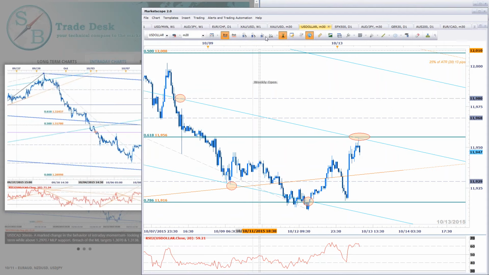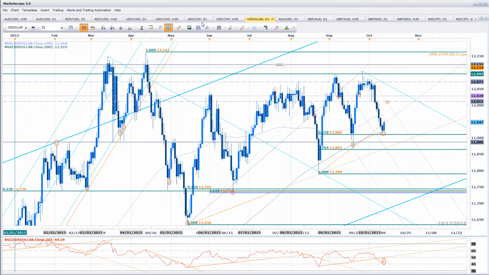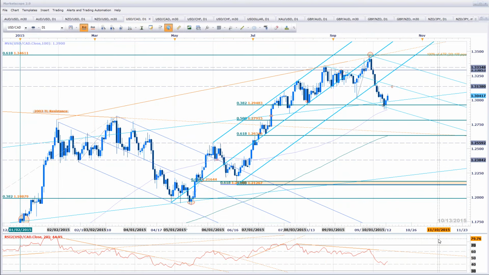Here's what dollar CAD looks like first on the daily. Okay, and then we'll look at the 30-minute in a moment. We talked about this level extensively, just below 1.2950 (1.2948, 1.2950). You had a 38.2 from the advance off the lows in June. You had the lower median line parallel. And on the extreme, you had that 100-day moving average.